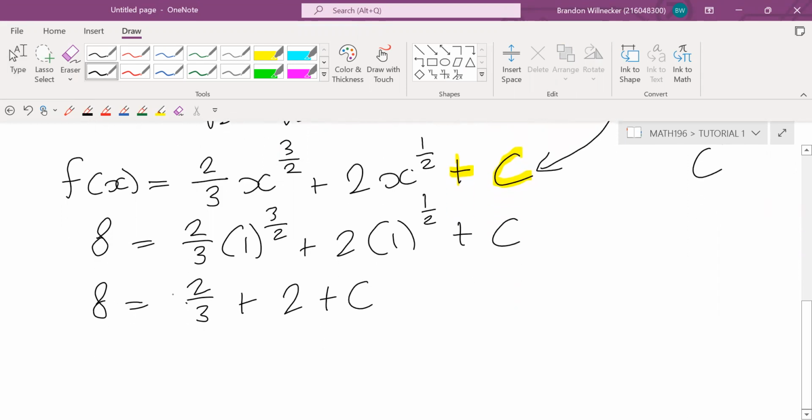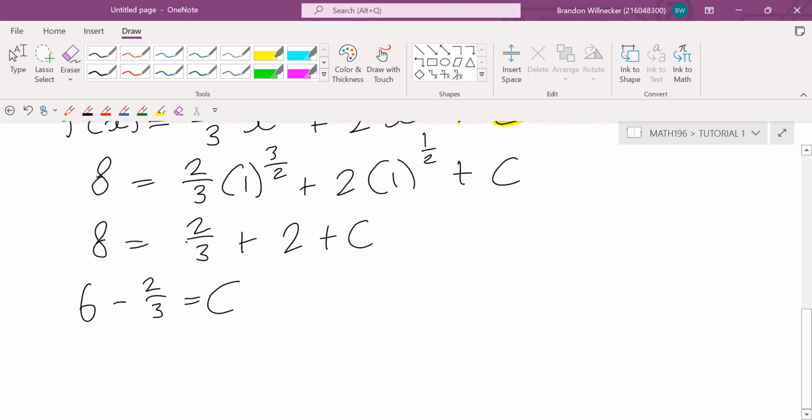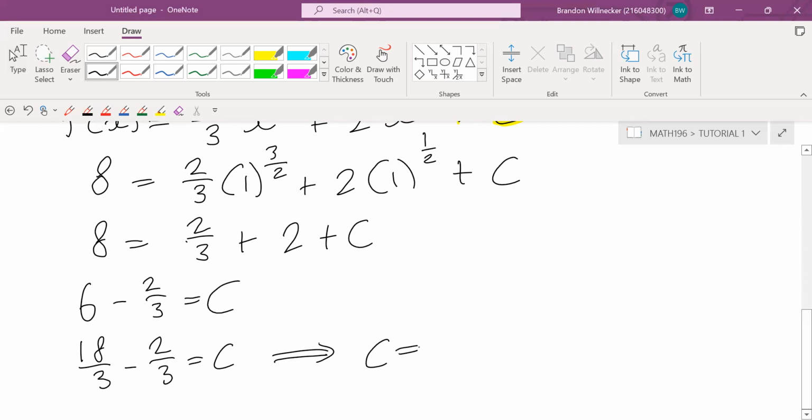So 8 minus 2, if we take that across, we're going to get 6. And then minus 2/3 is equal to c. Then 6 times 3, we can write that as 18 over 3 minus 2 over 3 is equal to c. And so c is equal to 16 over 3. Okay, so we have solved for what c needs to be.